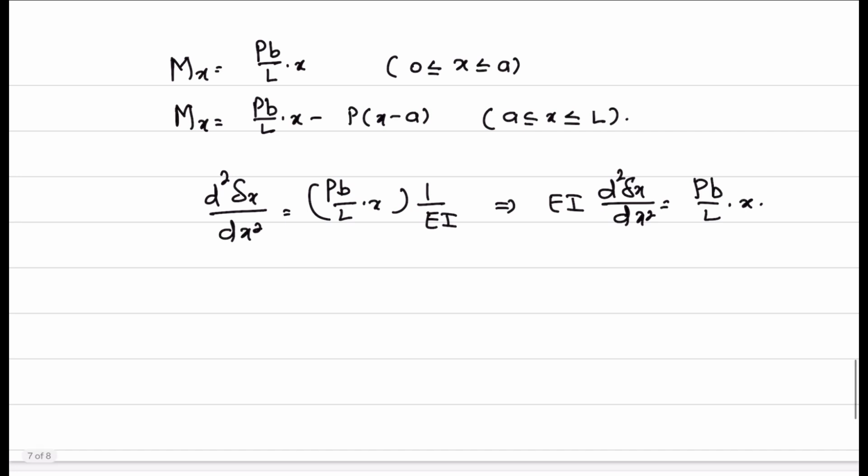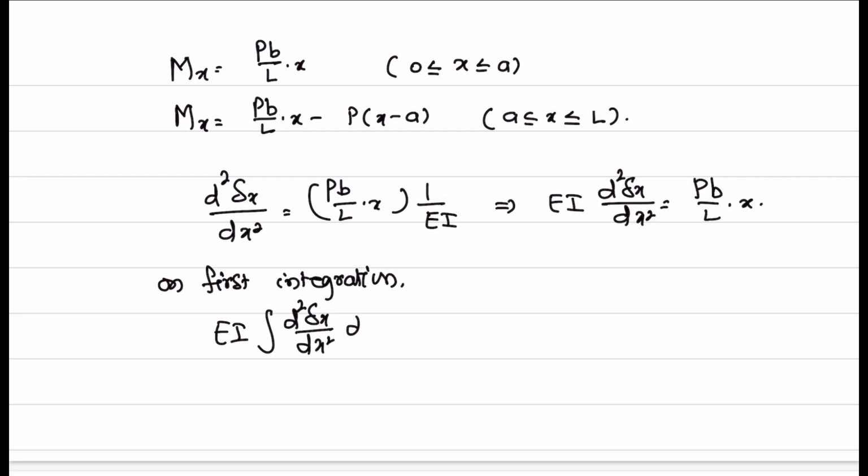When we integrate this equation, let us integrate. What happens? On first integration, EI into integral d square delta x by dx square dx is equal to integral Pb by L into x plus some constant C1.